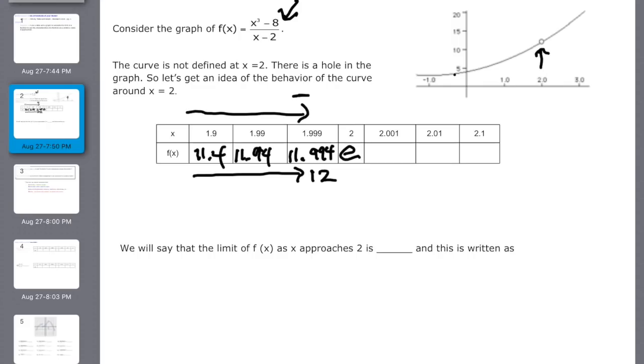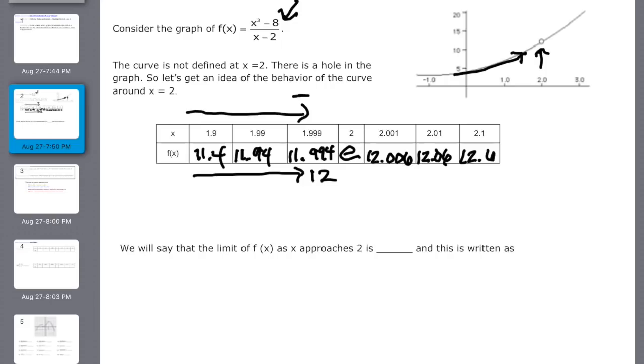Now I want to look from the other side. So from this side, we've determined that it's going to approach 12. I want to see if it's doing the same thing from the other side. So if I plug that 2.1 in, I'm going to get 12.6. If I plug 2.01, I get 12.06. And if I plug 2.001, I get 12.006.